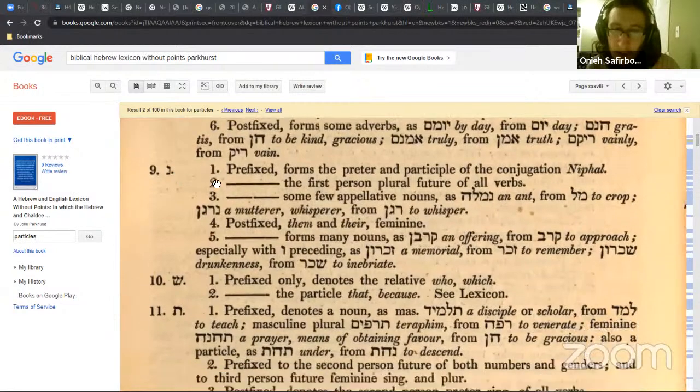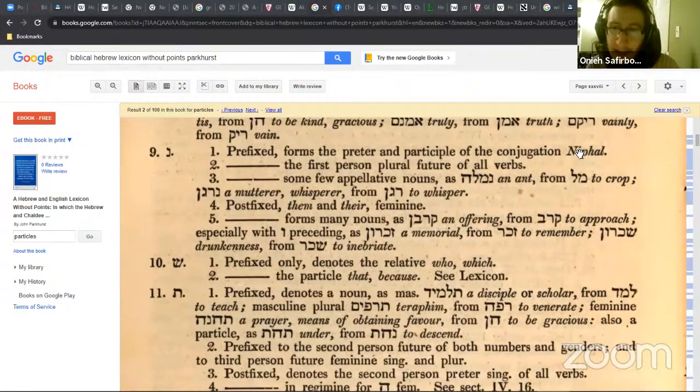Noon at the beginning makes it into a passive verb. So if you're saying I ate, you're the one eating. But if someone's eating you, you say, I got eaten. So you use the passive, and you add noon at the beginning of a verb to signify that.